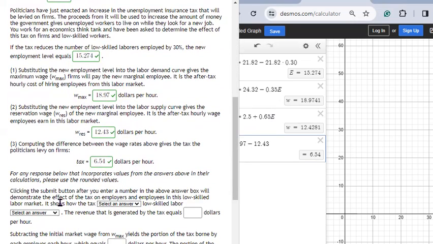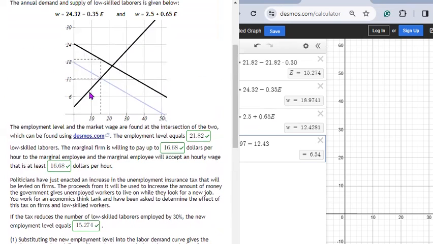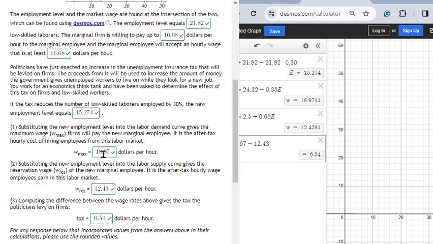So clicking the submit button shows how the tax reduces low-skilled labor demand. Labor supply is unaffected because labor supply wasn't taxed. Workers weren't taxed directly; they end up being taxed indirectly. But the firms are taxed directly.